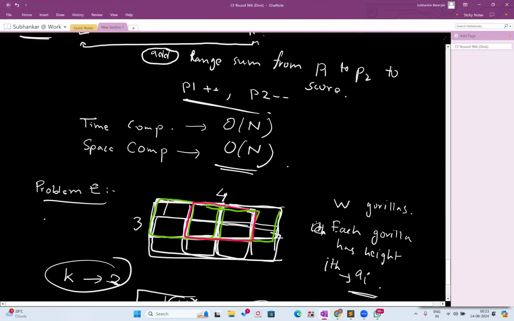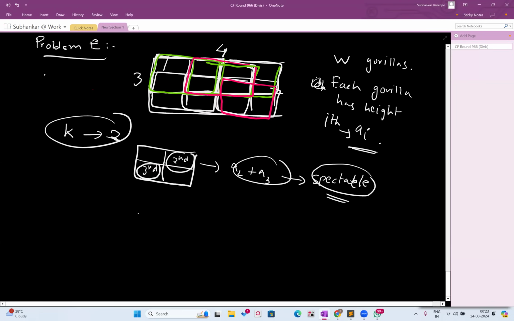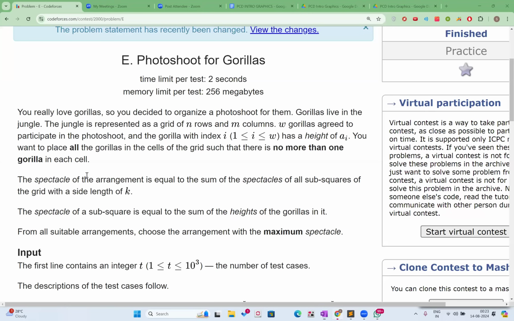So over all the subsquares possible in the grid, I'll sum the values of the spectacles of the subsquares. This is called the spectacle of the total grid. So the spectacle of the total arrangement is equal to the sum of the spectacles of all the subsquares.